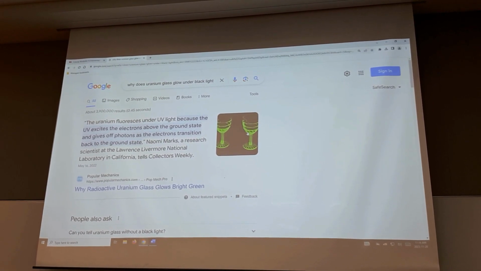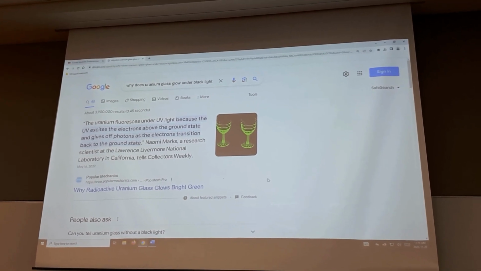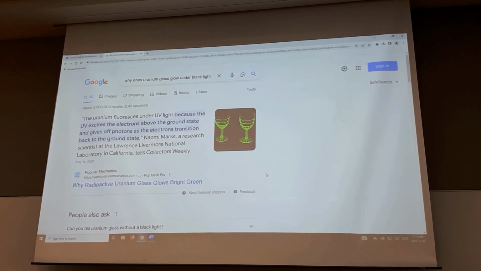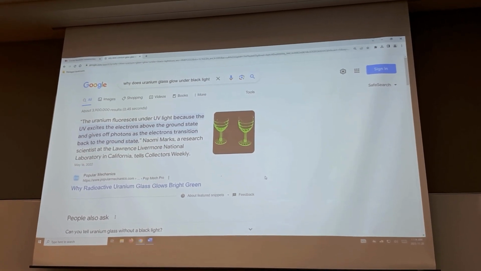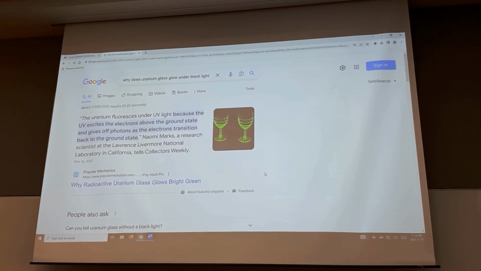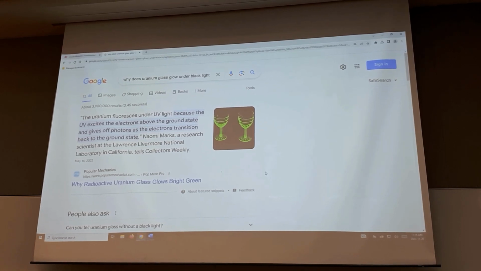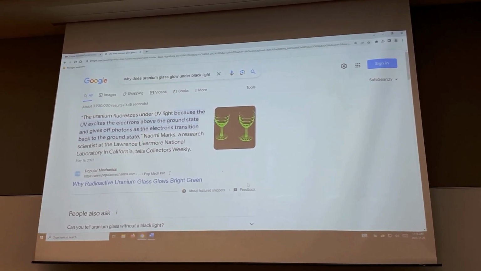And here's a couple of glasses here glowing under UV light. So what I did, you guys in the chemistry class in the third room of E wing, there is a black light. So I took my little piece of the glass, uranium glass, and I brought it to the third floor of E wing, and let's see what I did.